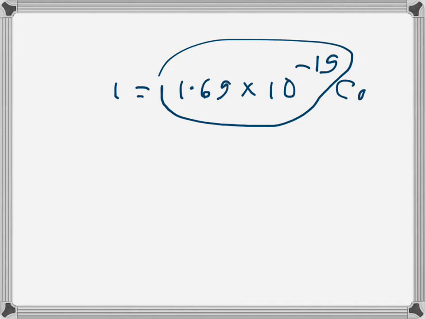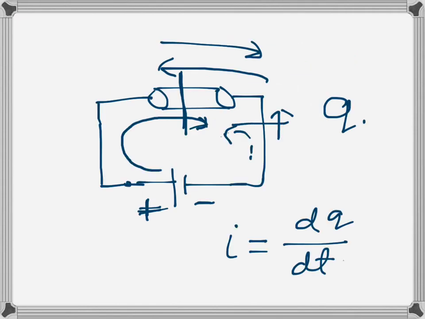So work is needed to be done for the flow of charge, for the current to happen, and the definition of voltage is work done. If we call the voltage V, it is the work done per unit charge, basically work done to move one unit of charge from one position to another position.